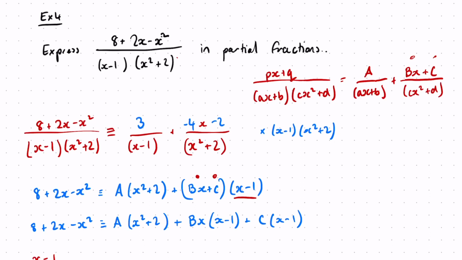Okay, I could rewrite this by taking the minus out of the top part, giving me the solution of 3 over x minus 1 minus positive 4x plus 2 over x squared plus 2. That is probably the better way of writing this.